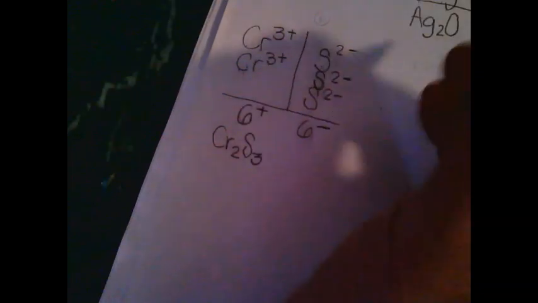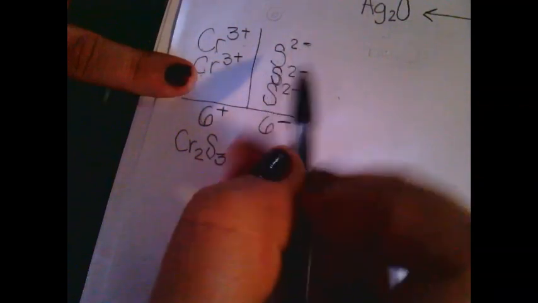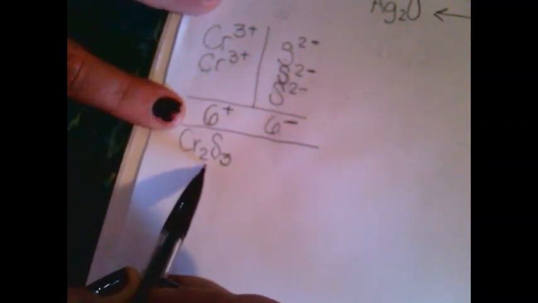And then I'm going to start adding some more sulfur atoms. So I'm going to add S2 negative until I come up with 6, because you want both sides to be balanced. So 6 plus, 6 minus. That is balanced. So that means this molecule will be a neutral charge and it will be stable and happy.